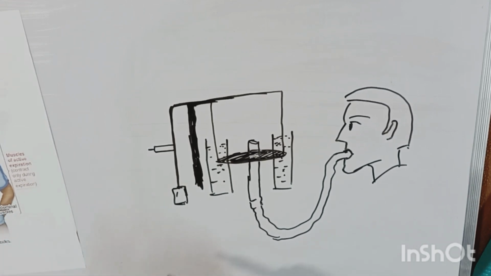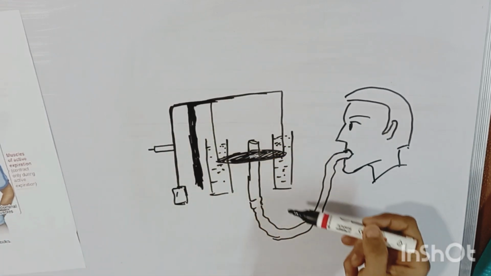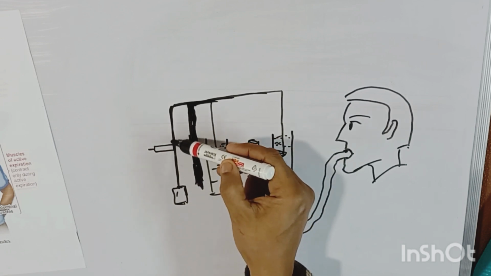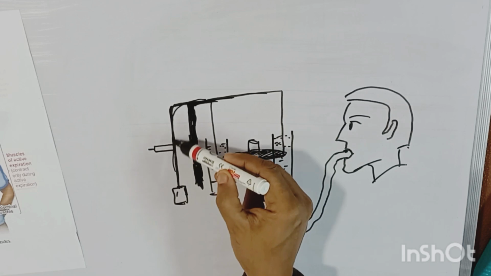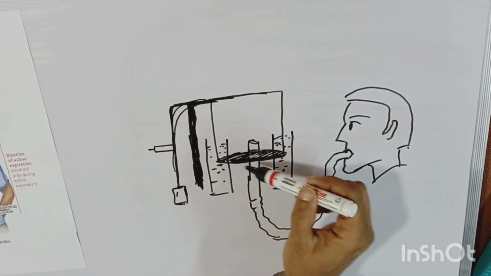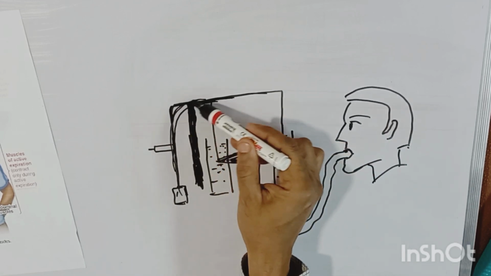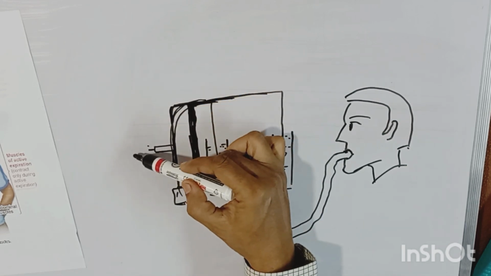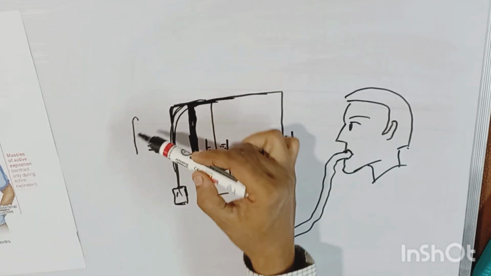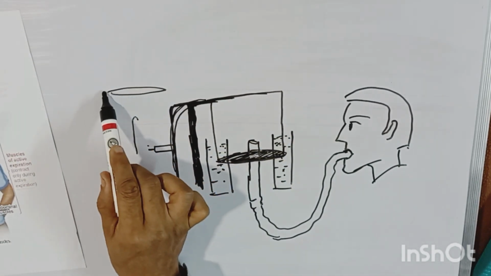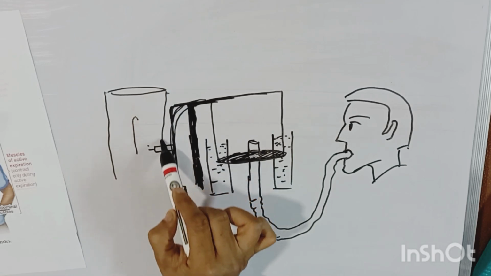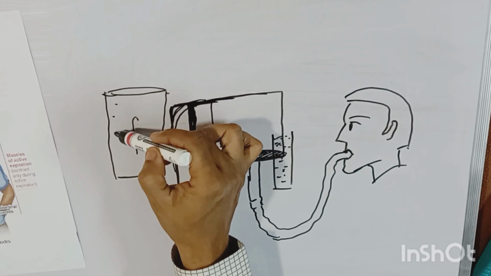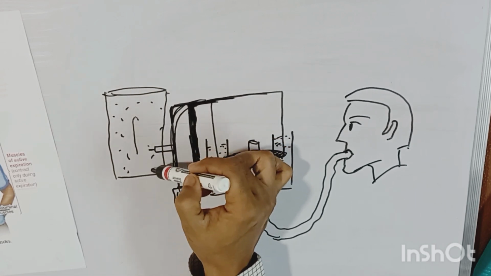So when this drum goes below, when the air is sucked in, the weight goes upward. The drum going below, the weight going upward, and the pen going upward. So there is an inflection of the line on a kymograph. This is a kymograph machine where you have a paper roll in the machine, smoked with carbon.